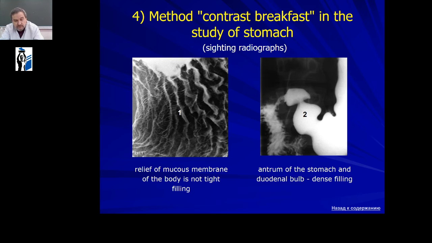On the left image, we can see the relief of the mucous membrane of the body, not tight filling, and on the right side we can see the antrum of the stomach and duodenal bulb, dense filling by contrast substances containing barium.